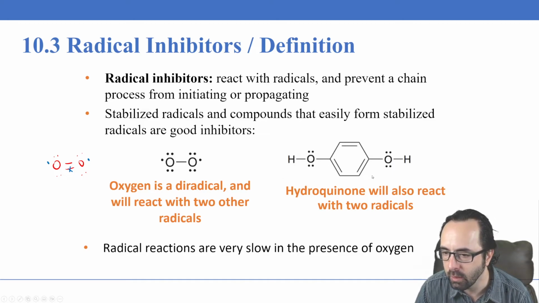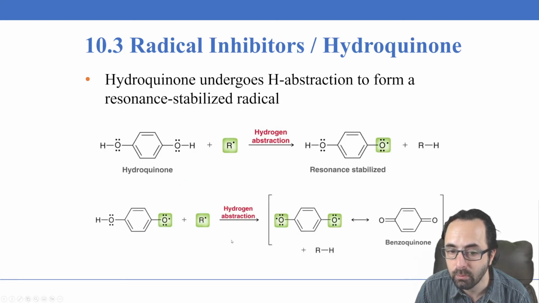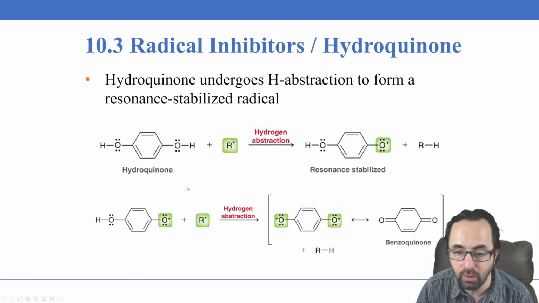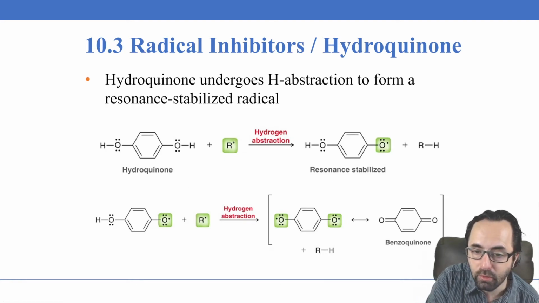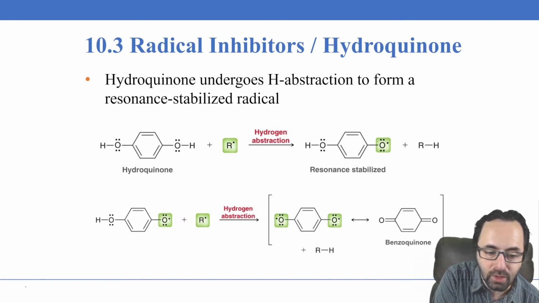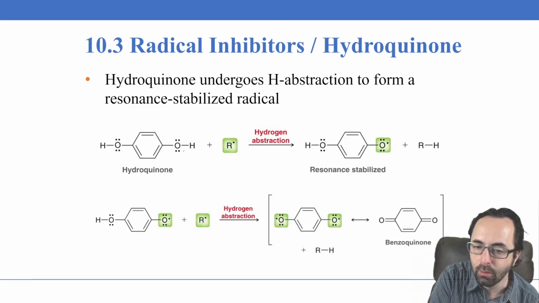Hydroquinone here, as you can see, if a radical is produced for this, there's going to be high resonance stabilization. I'm going to show on a subsequent slide why it is that these are radical inhibitors, hydroquinone in particular. So let's say hydroquinone reacts, and there's a hydrogen abstraction here. So we do this hydrogen abstraction, so let's remember how to use our handy dandy fishhook arrows to show this reaction.